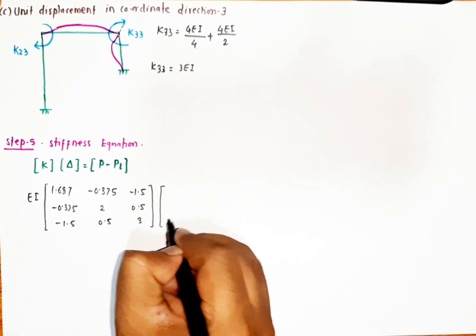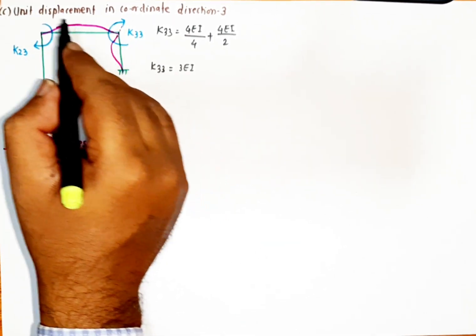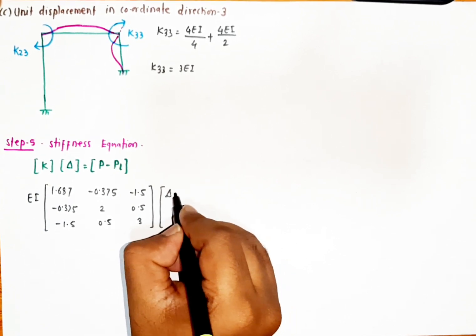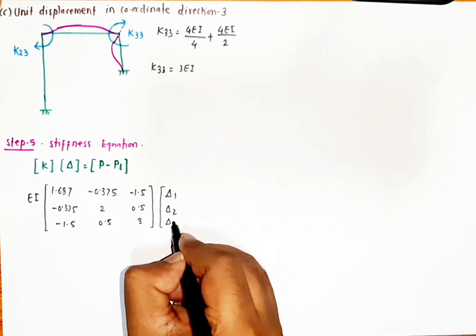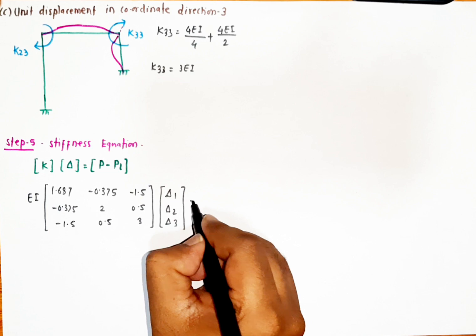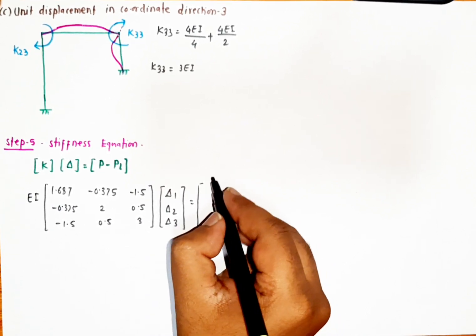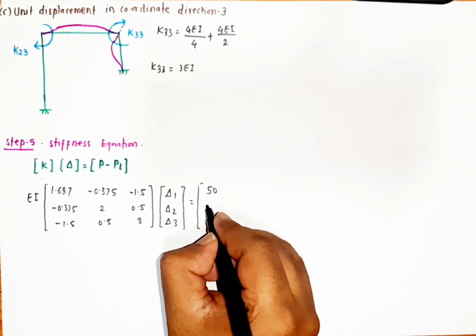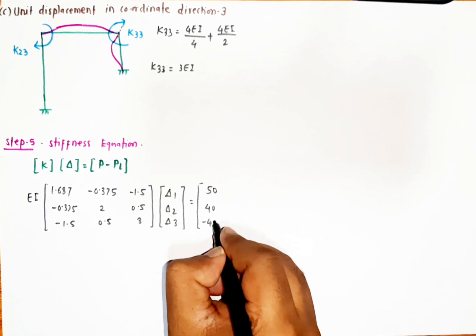Here deltas are 3, that is along coordinate direction 1, 2 and 3, therefore it will be delta 1, delta 2 and delta 3, and P minus PL matrix will be 50, 40 and minus 40.